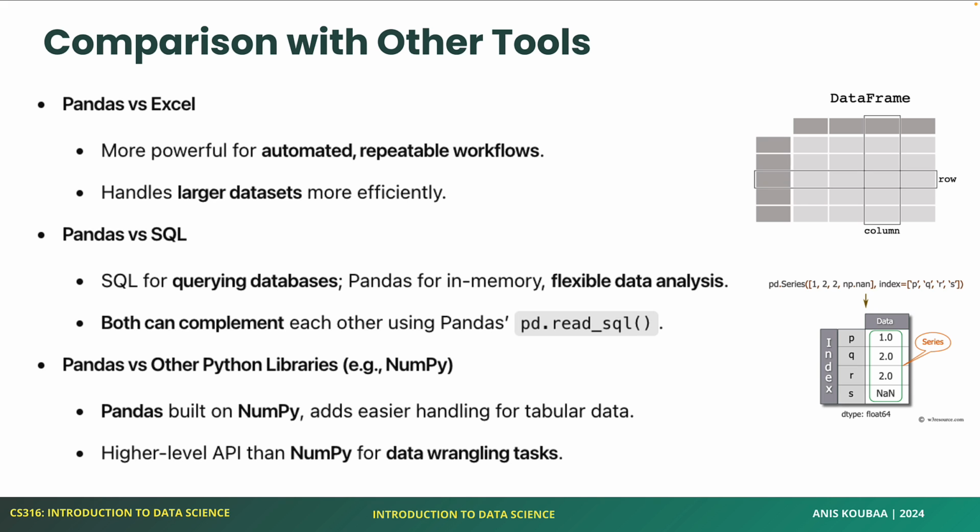And also, Pandas is built on NumPy, so it inherits all the advantages like high performance computing from NumPy. It's a high level API on top of NumPy that is designed and conceived for data wrangling tasks and data analytic tasks.